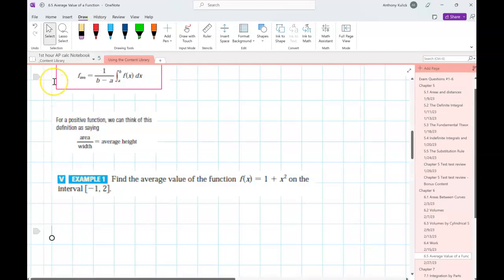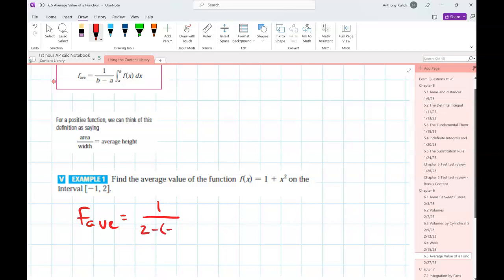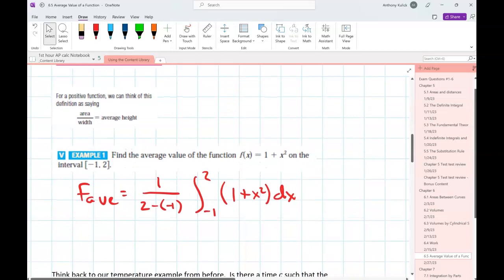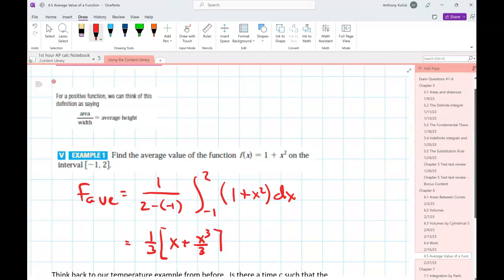So find the average value of the function f of x equals 1 plus x squared on the interval from -1 to 2. So we just plug this into the formula. The antiderivative of 1 is x, and the antiderivative of x squared is x cubed over 3.